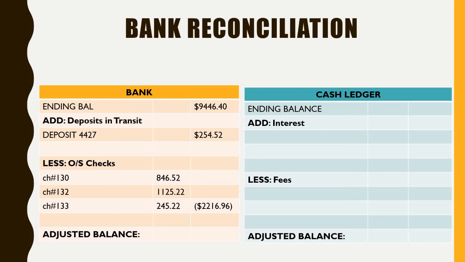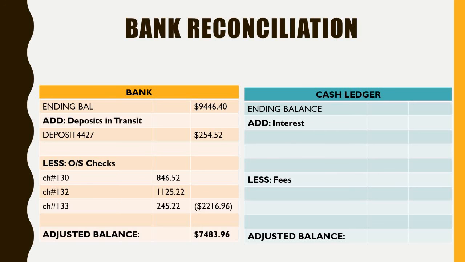So you're going to do the calculations: take your ending balance, add your deposits in transit of $254.52, and subtract your total outstanding checks of $2,216.96 to get a grand total adjusted amount of $7,483.96. Okay? So that's just figuring out the bank side.